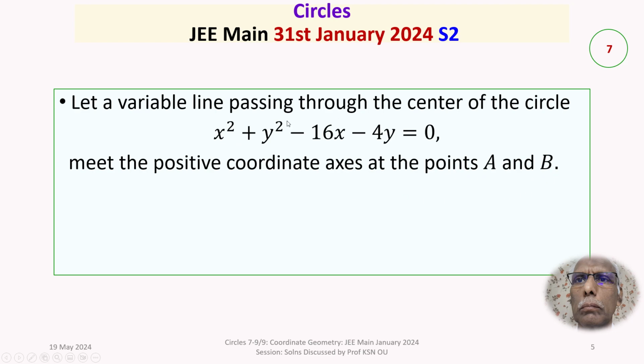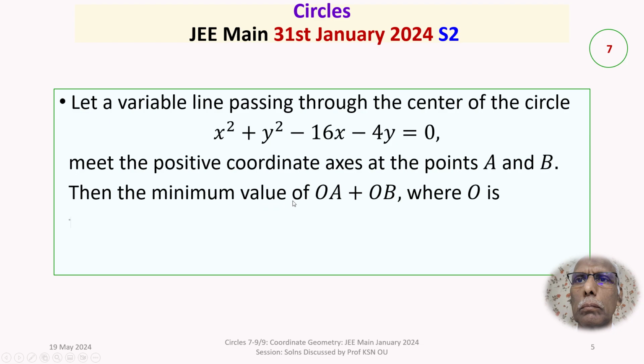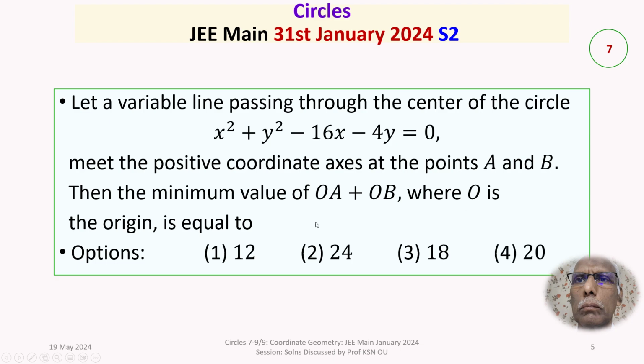We are given the circle, and we are given a variable line passing through the center of the circle, and that variable line meets the positive coordinate axis at A and B. Then the minimum value of OA plus OB, where O is the origin, is equal to, we are given 4 options.